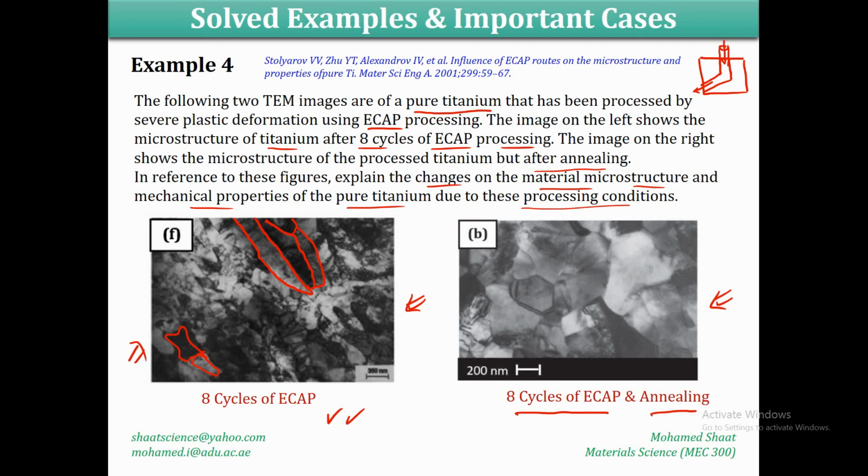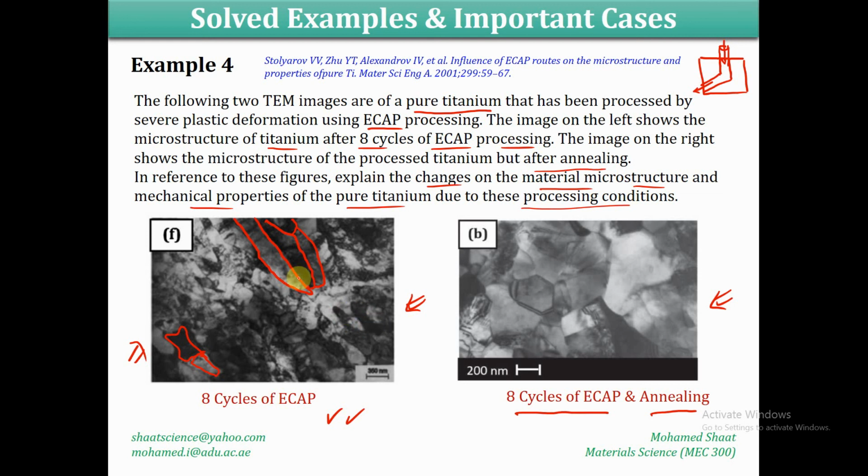Another change, as you can see in the figure, is a high contrast. There is a high difference in the color of the grains. The TEM works with the concept of white and black, and it depends on the lattice strain. If the lattice strain within a grain is very high, it will be seen as black and dark within the TEM micrograph.